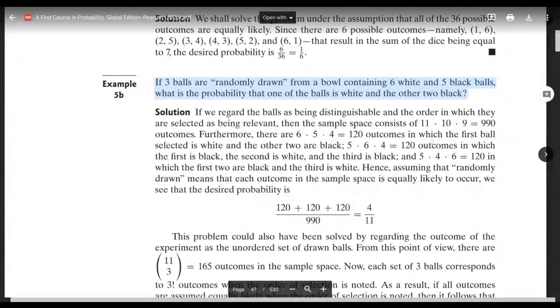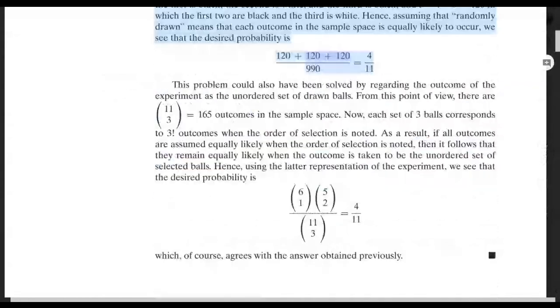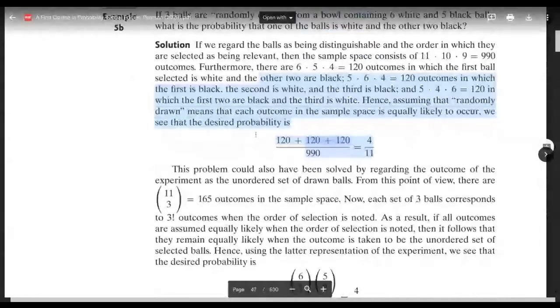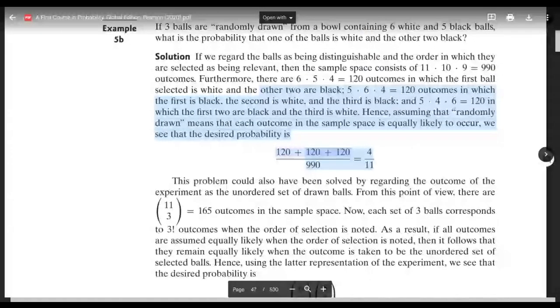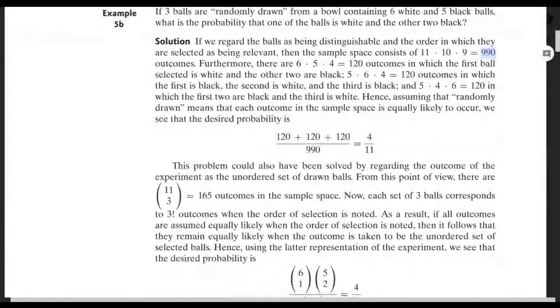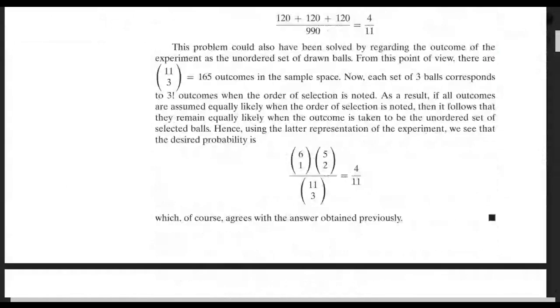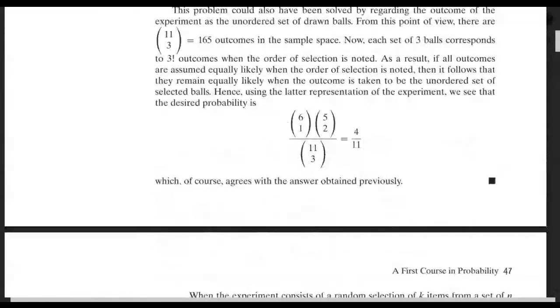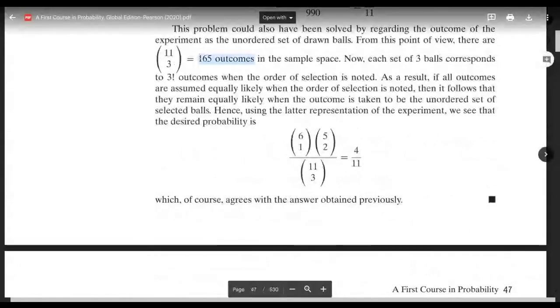So one way, we could do this way, right? Then in this way, we have 990 possible outcomes in the sample space. Or we can think this way. In this way, we have 165 outcomes in the sample space.